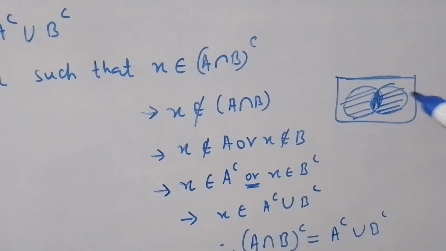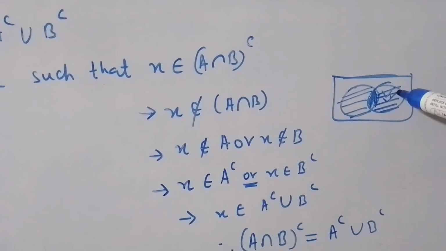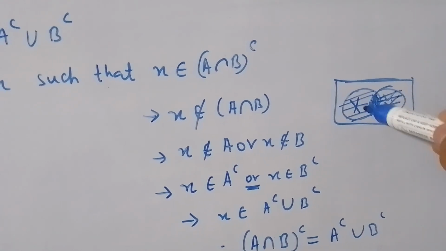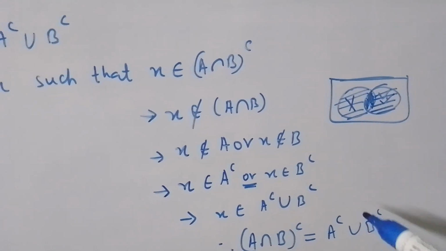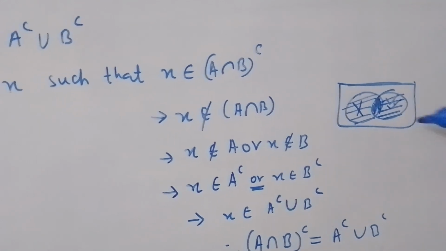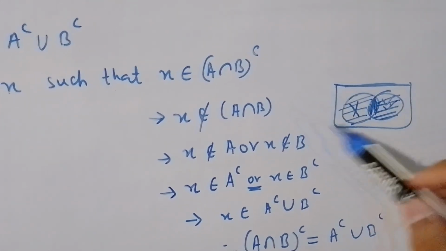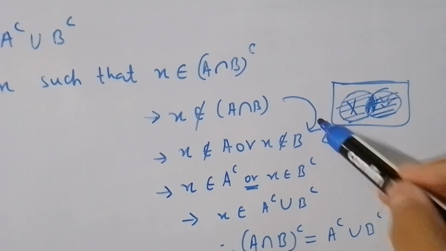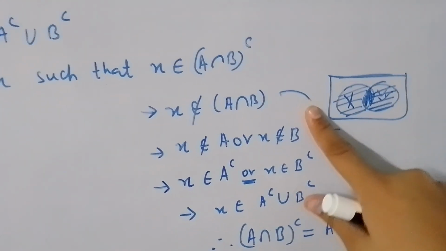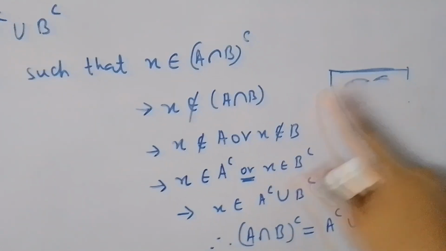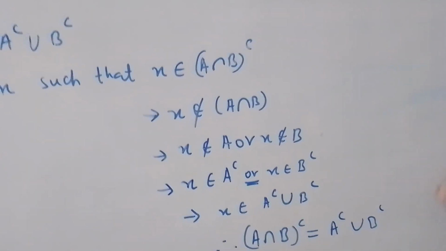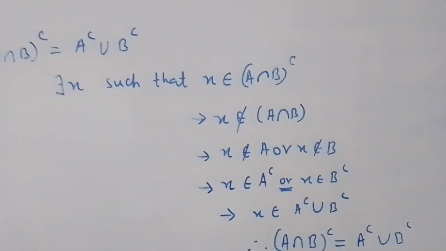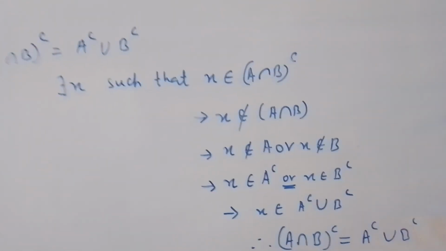So if it belongs to here, it doesn't belong to the other set right there. This is the correct explanation of this statement, how I've got from this to this. Okay, so I'm sorry for the previous explanation that I've given. So let's move on to the Venn diagram.